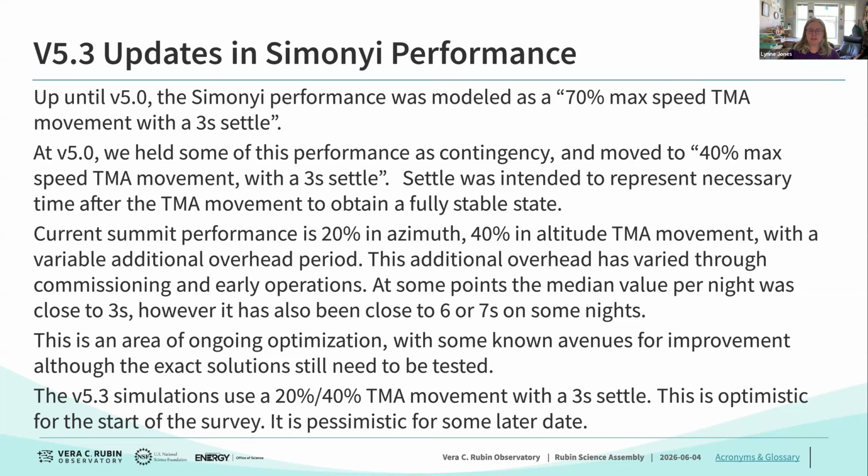So there's now about 20% of max speed in azimuth and 40% max speed in altitude. I hope I have that all right. But it's split. So basically the summit is moving in azimuth and altitude at the same speed, and we expected them to move twice as fast in azimuth and not as fast in altitude.